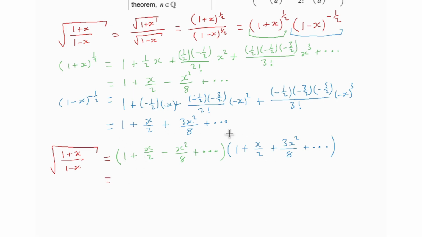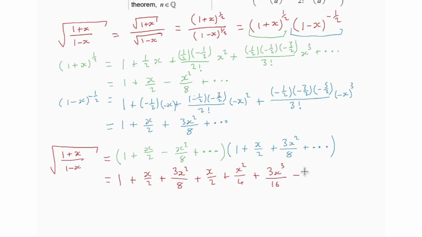Doing this expansion, we get 1 times 1 is 1. 1 times x over 2 is x over 2. 1 times 3x squared over 8 is 3x squared over 8. And then x over 2 times 1 is x over 2. x over 2 times x over 2 is x squared over 4. x over 2 times 3x squared over 8 is going to be 3x cubed over 16.